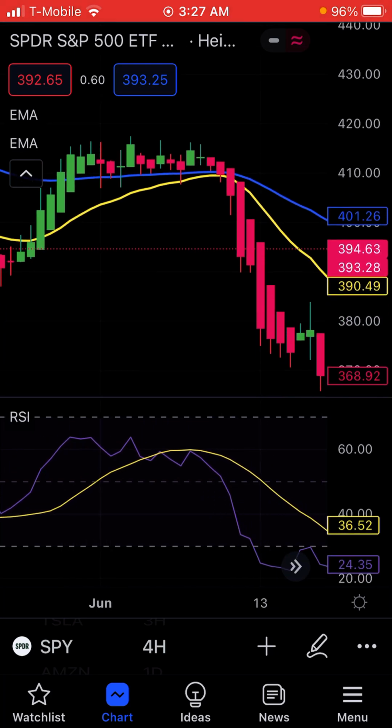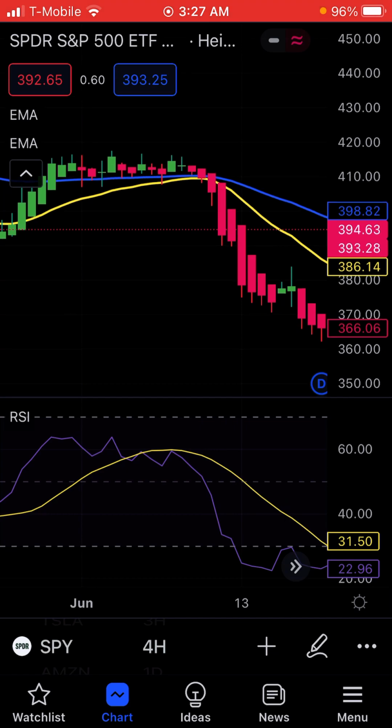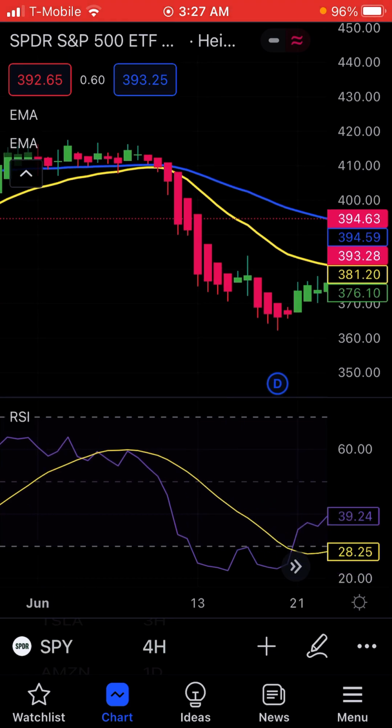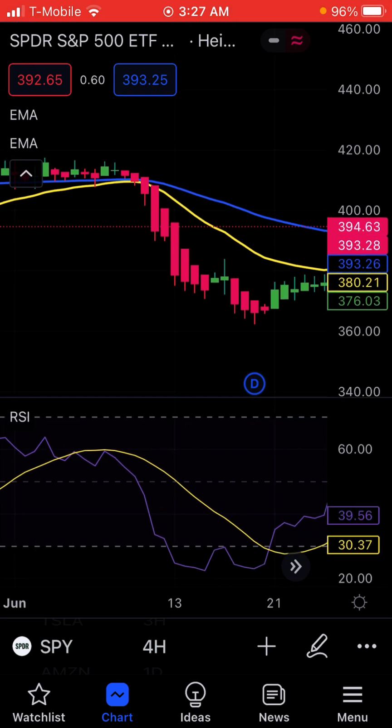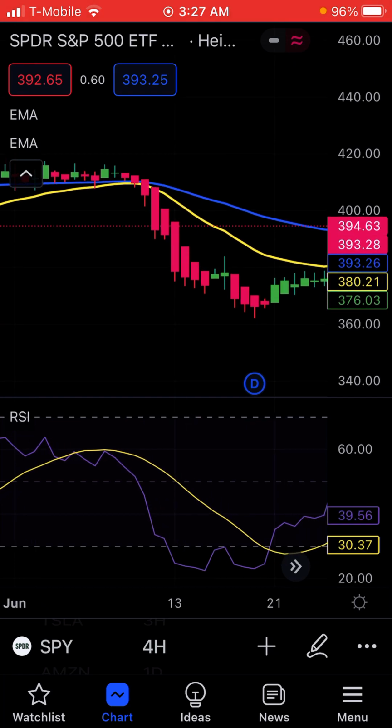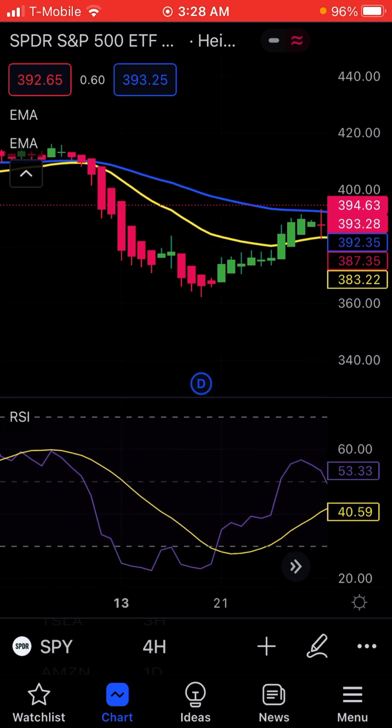What you basically need to do, and I removed it from here because on my phone it takes too much space, is have your exponential moving average set to 20, and you need another exponential moving average, which is 55. So it's 20 and 55. Those are the ones you need to focus on. And the strategy is very simple.